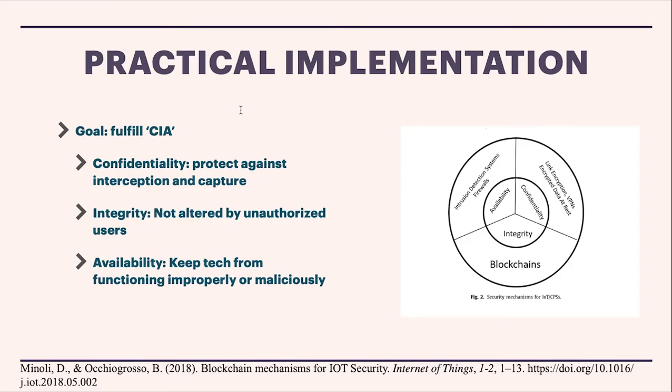And in the paper by Manillo and Ochogrosso, Blockchain Mechanisms for IoT Security, Internet of Things, they create this pie chart where availability is created by the implementation of firewalls, confidentiality is supported by VPNs and data encryption, and integrity is supported by the blockchain implementation.